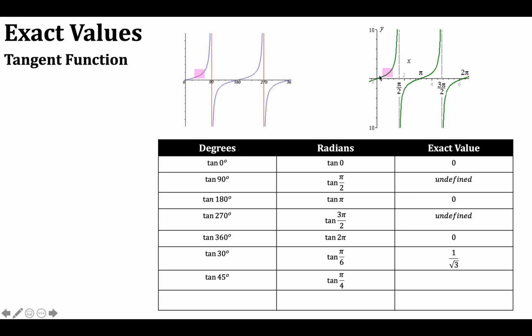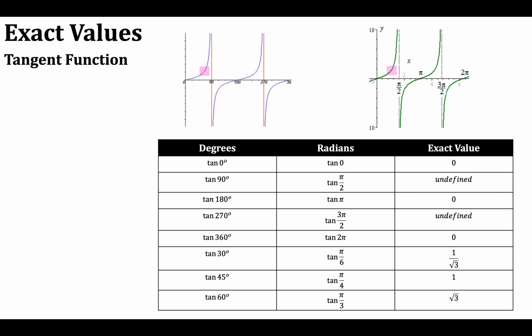You might be able to see from this one here that that is around 1. So if that's 10, this is going up in 2s here. So you might be able to see that that's 1 for the exact value. And finally, tan 60 or tan of pi over 3 is here, and that is actually root 3.